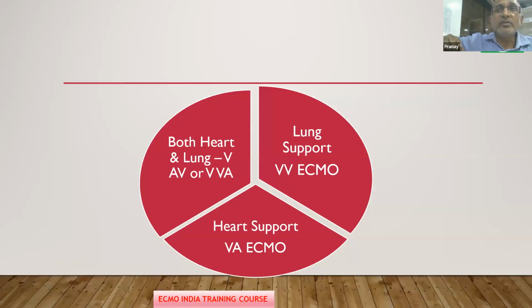His hemodynamic disturbance is basically because of the respiratory acidosis and metabolic factors. So this patient just requires lung support, so go for VV ECMO. But for the same patient, suppose the ejection fraction was normal and now it is less than 25%, then in that case this patient might require VAV ECMO.